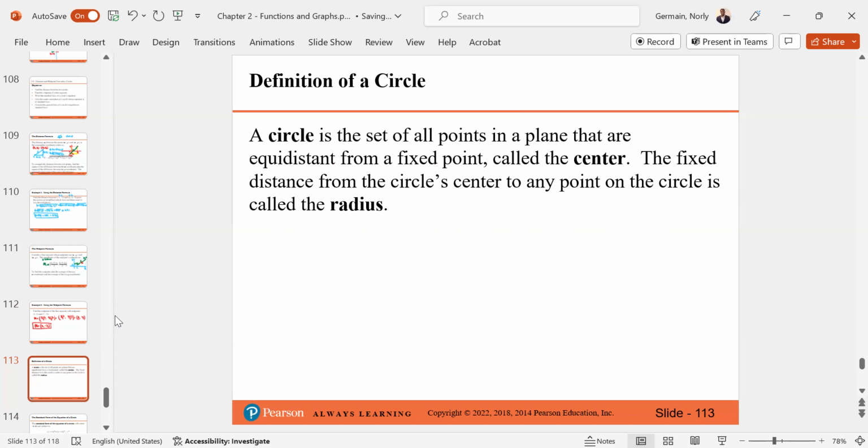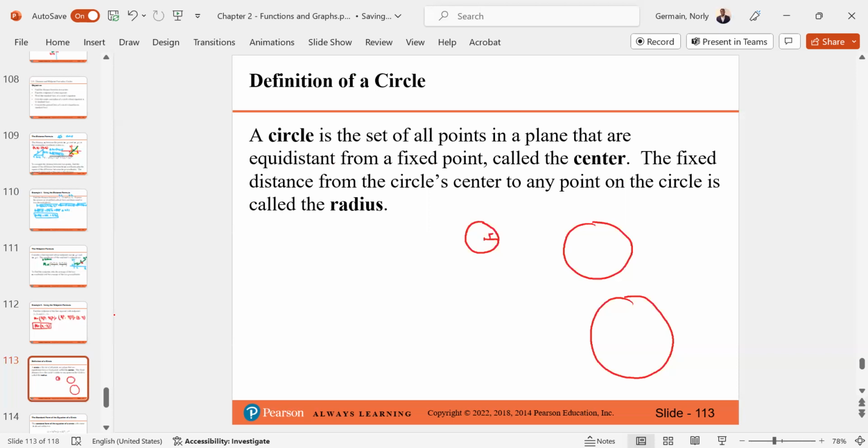called the center. So in order to graph a circle, what makes a circle like this? Suppose this is a circle, then this one or that one. What makes each of these circles different is the radius or the diameter.